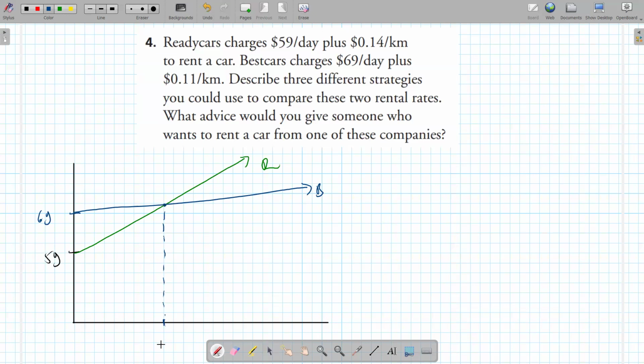We need to find the point of intersection. Right, it's pretty easy as well to do that. We've done this before. 59 plus 0.14x will be the equation for the first y. The second y will be 69 plus 0.11x. How do we solve this equation for x?